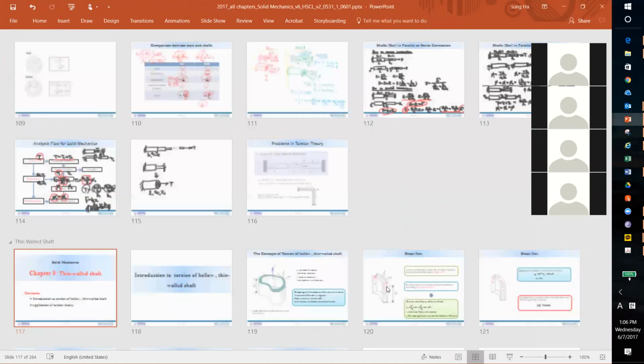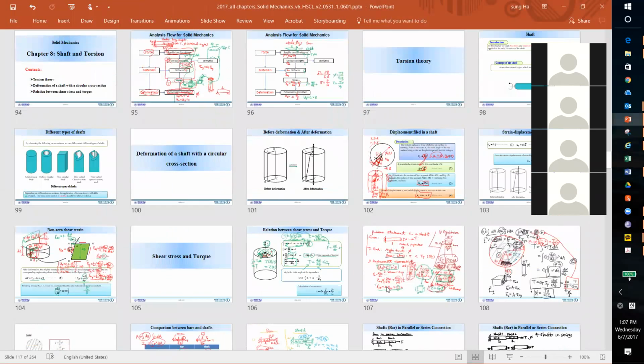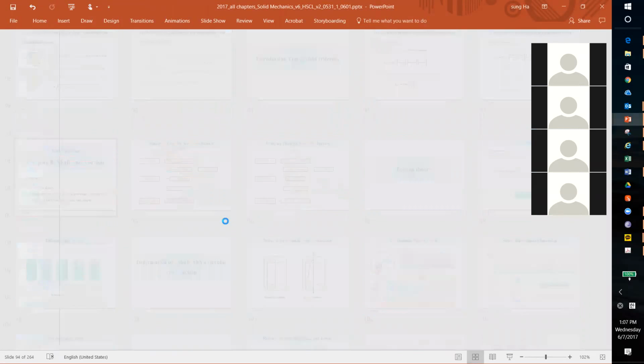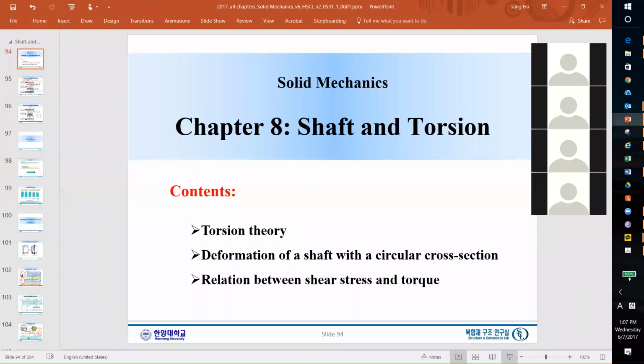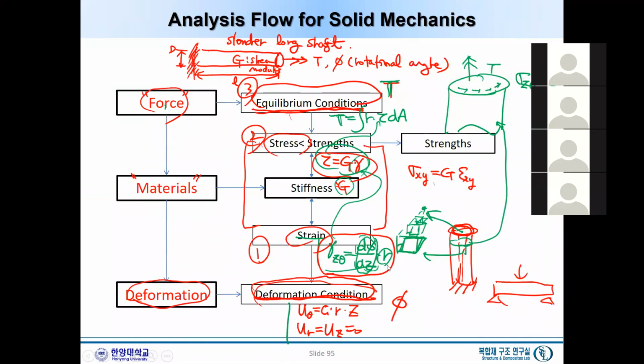Okay, let me see. I will briefly go through torsional theory. In any structures, of course, including shaft, when we apply torsional load, to calculate deflections, in this case, rotational angle, the applied load will be the torsional load, and deformation will be a rotational angle.